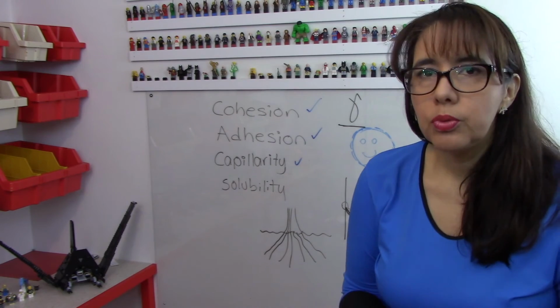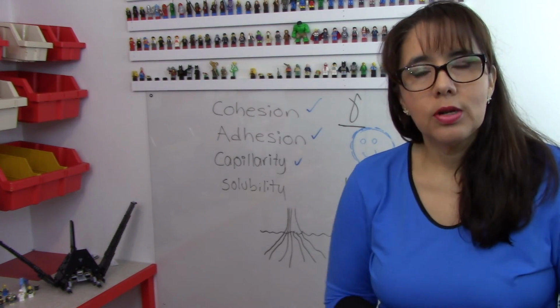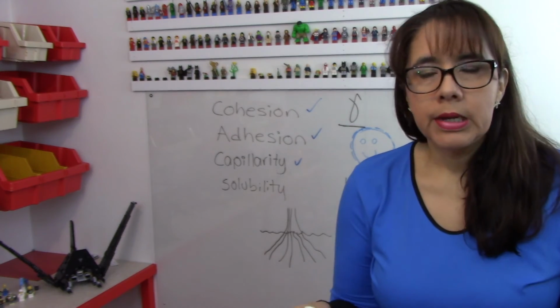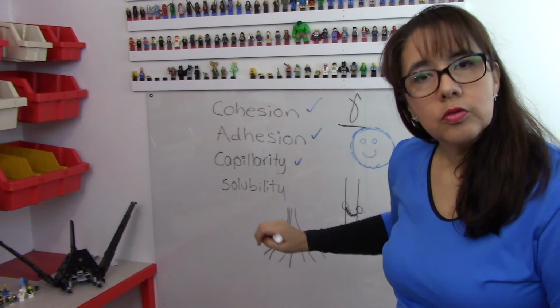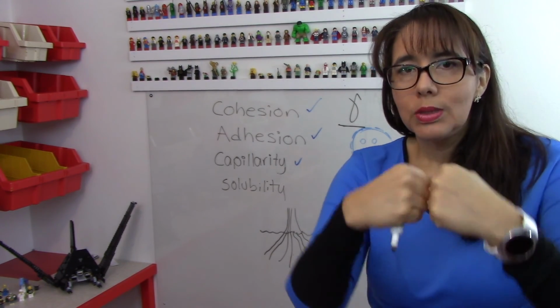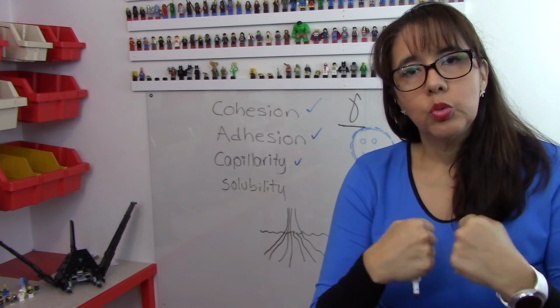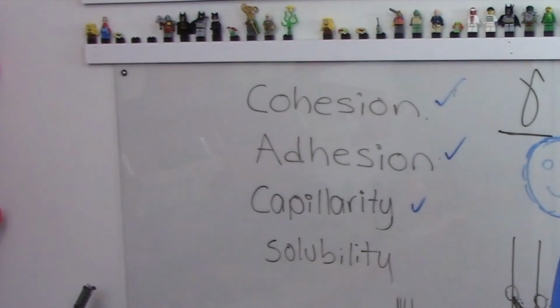When you use shampoo, it's not only one thing that goes into shampoo. There are many different components there. When you eat pudding, there are many different components, and you don't want them to be separated. So these parameters are really important, and all of them deal with the intermolecular forces in between the molecules, either alike molecules in the case of cohesion, or different molecules in the case of adhesion.